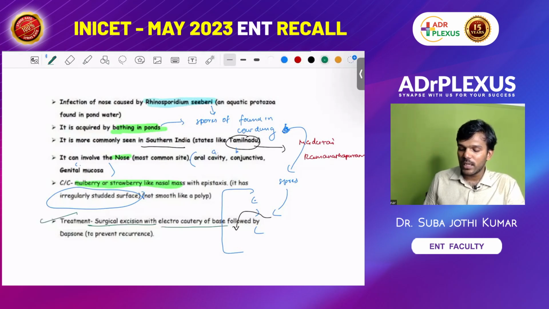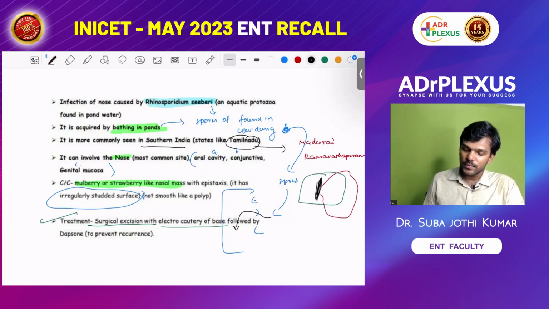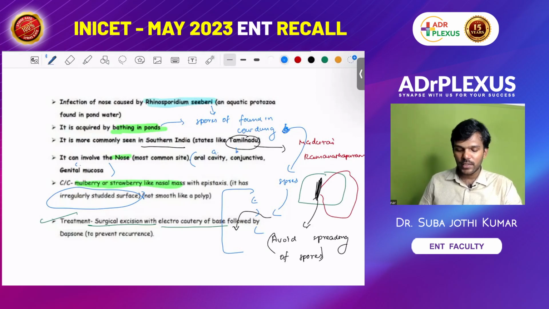For example, if this is the rhinosporidiosis mass, and you cauterize at the base, it will avoid spreading of spores. For that reason, we surgically excise and cauterize the base.